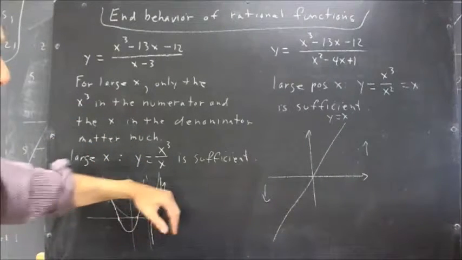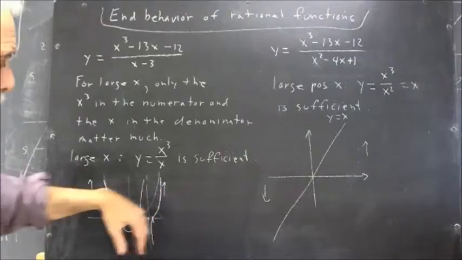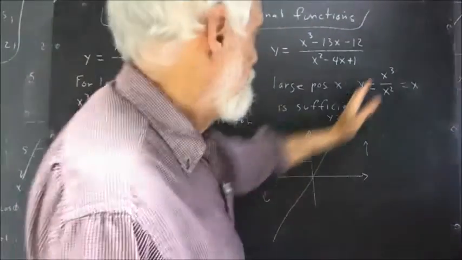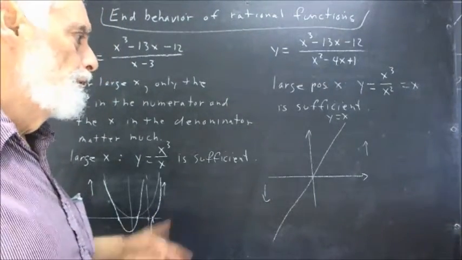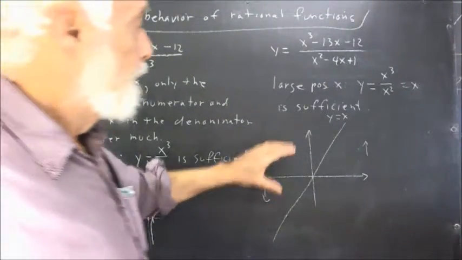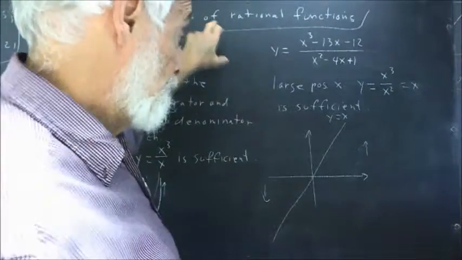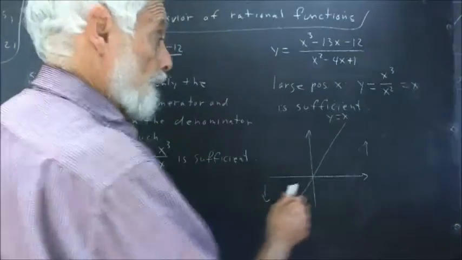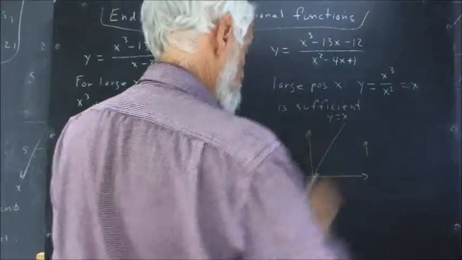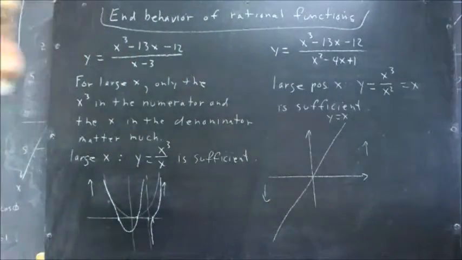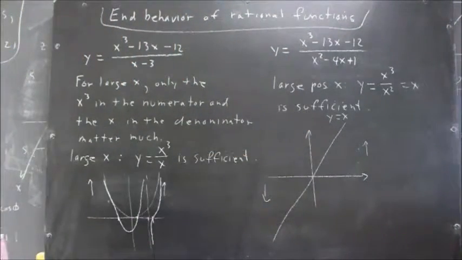But when it gets past that point on the right or on the left, it's going to start approaching the y equals x and the y equals negative x. It's going to approach it rather quickly. So I'm not going to draw the graph because I want to focus on the end behavior. But the end behavior is that the graph is going to become asymptotic to this line, to this horizontal line.